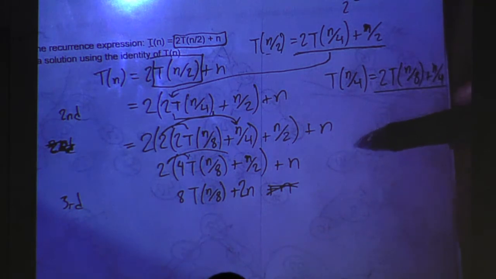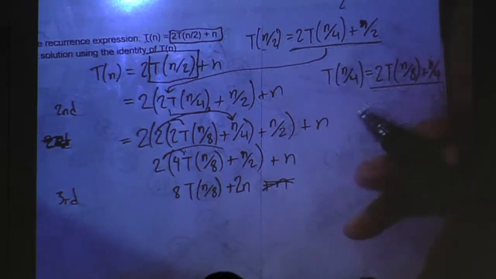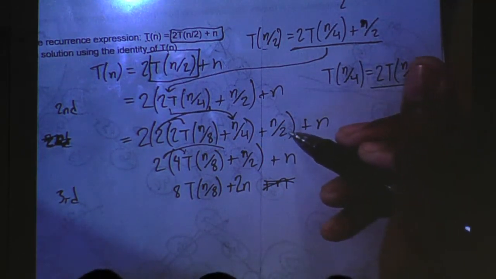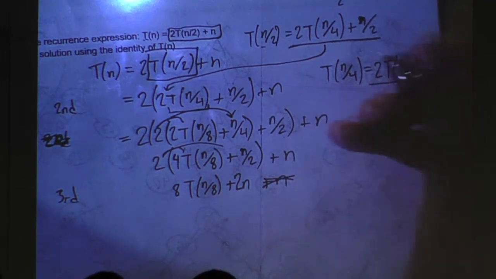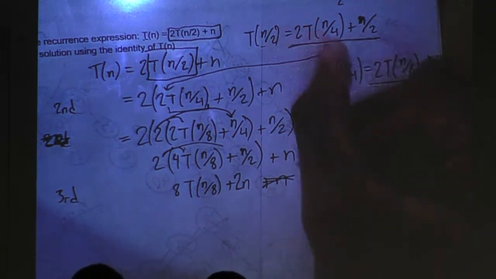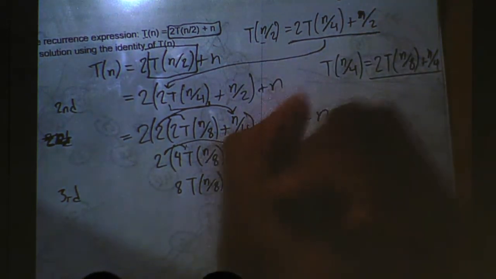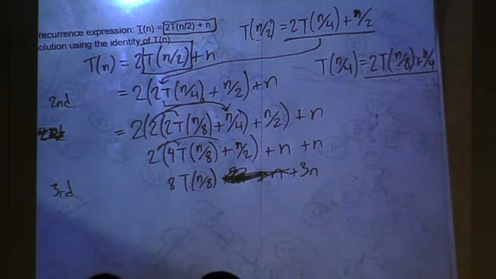Yeah, it's 3n. So where did I lose the n? N over 2. Oh, I lost it in this step. Here. Okay. So this is going to be plus 3n here.